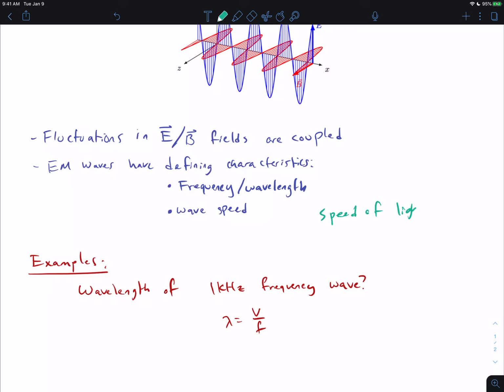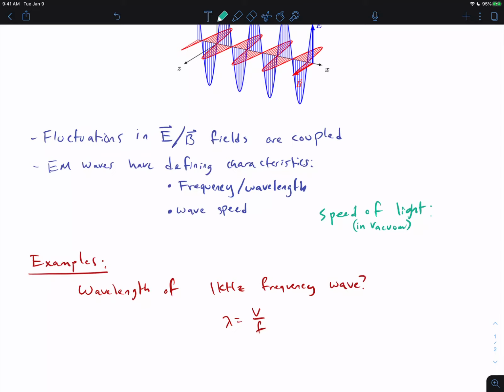This is my wave speed for light, for my EM waves, okay? And my speed of light here, we're going to start with this definition in vacuum, okay? So this will be sort of the original speed of light that we're going to work based off of. So this works in space.